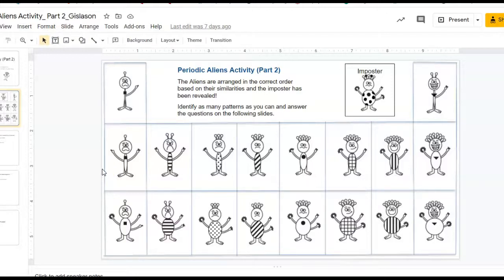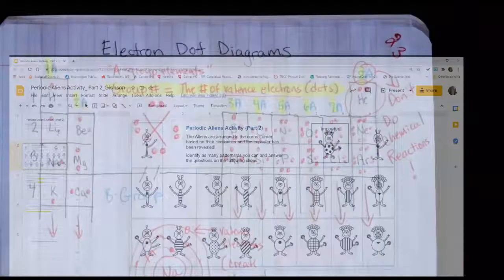Helpful hint, we were just drawing them. The dots, absolutely. Okay, so the antenna were your valence electrons, right? And so that's how this alien fit there, even though he had 2 antennae and not 8. Okay, because he was kind of like hydrogen.